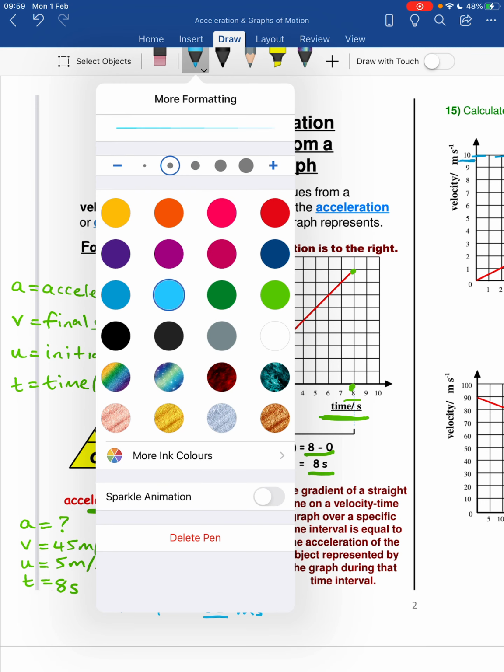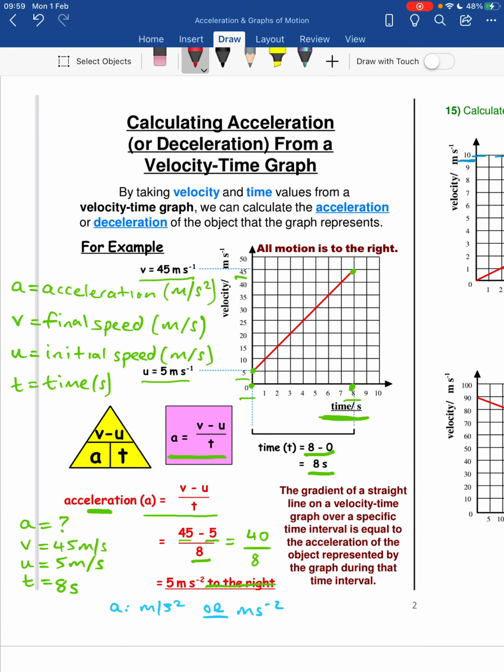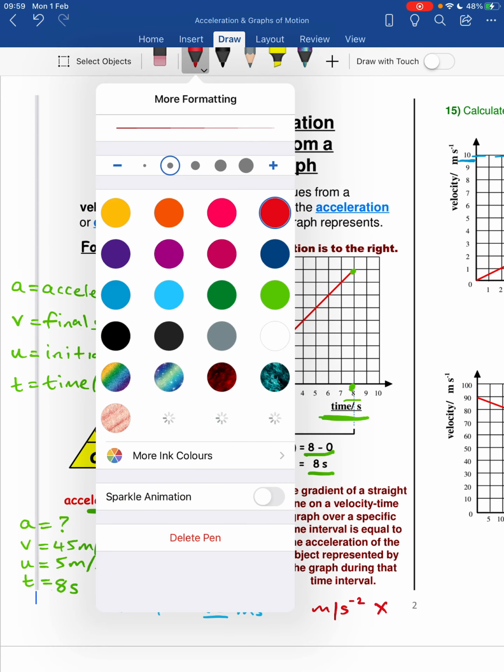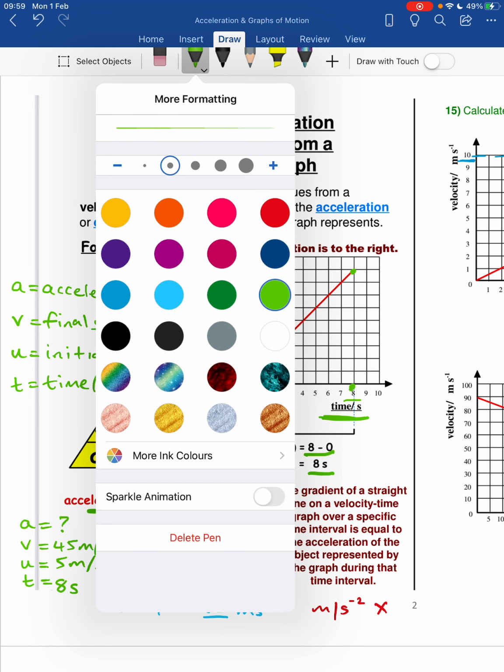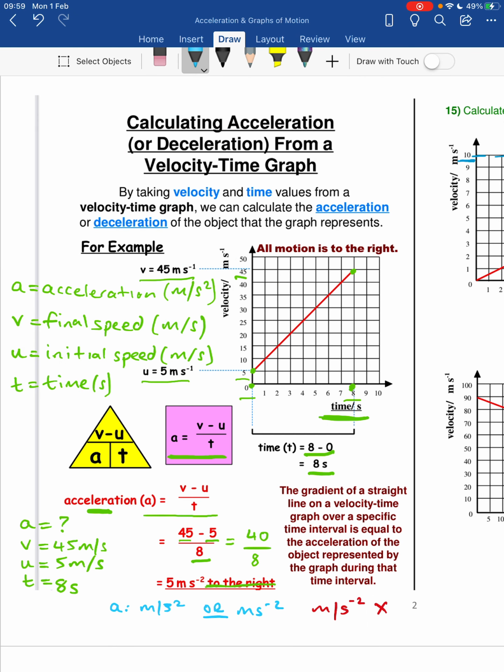What you shouldn't write is m/s minus 2. You would lose the mark for the unit if you wrote that, because that's not quite correct. And very quickly, we can say the same for the units for speed.